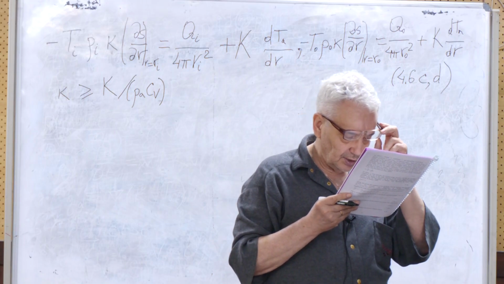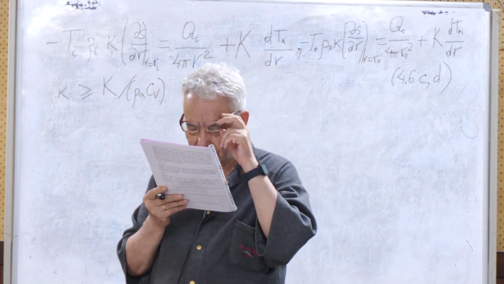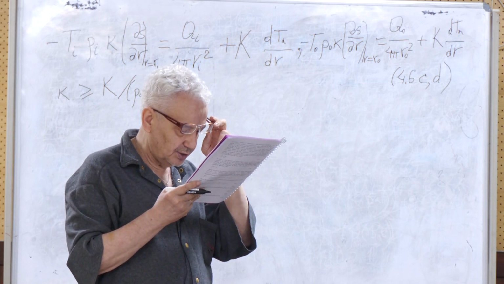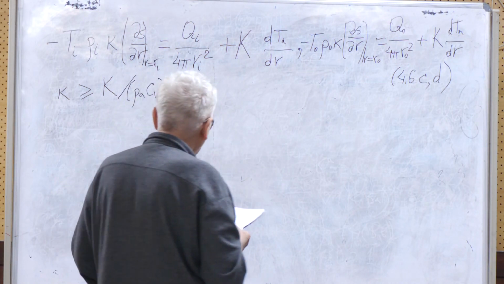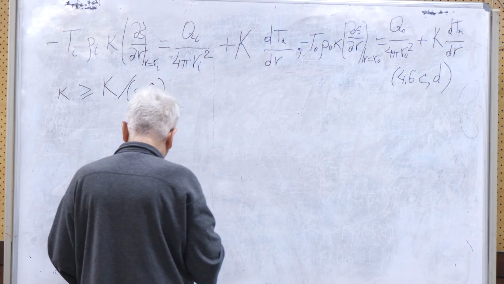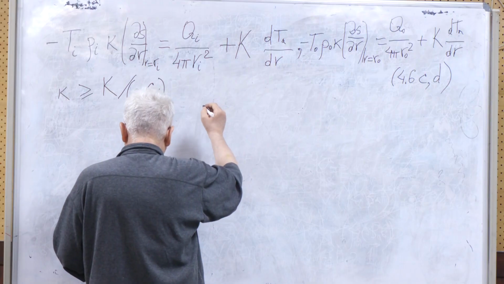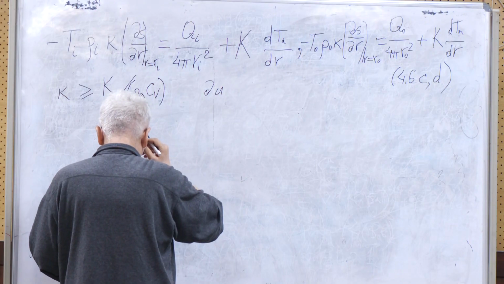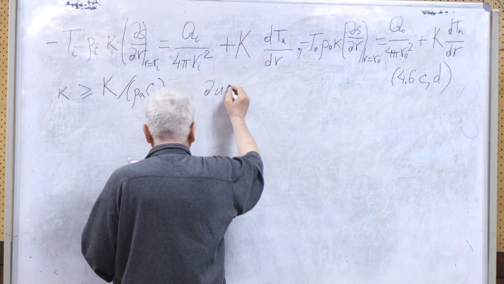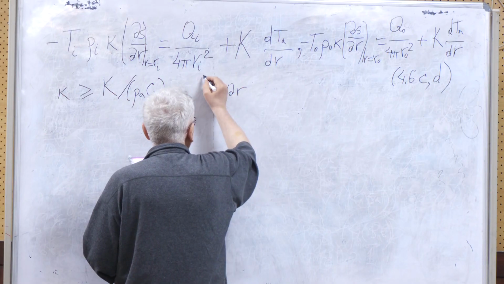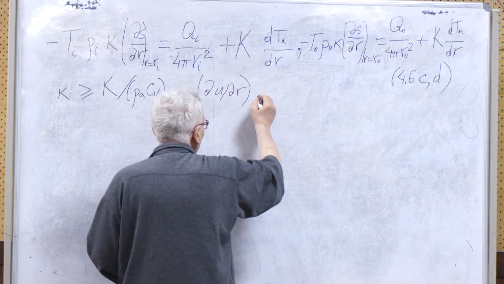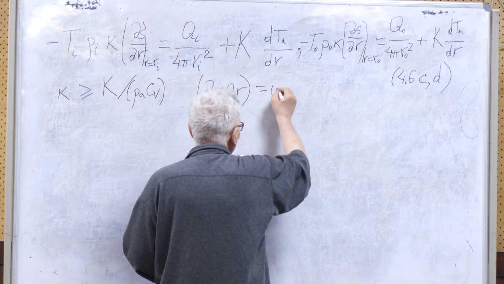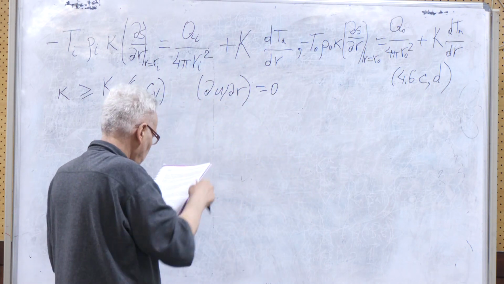Okay, the remaining boundary condition requires that the gravitational acceleration coincide with the gradient of the gravitational potential at the boundary. So actually this condition on the gravity potential is quite simple. It's just dU by dr equals the gravitational acceleration. It's a very simple condition.